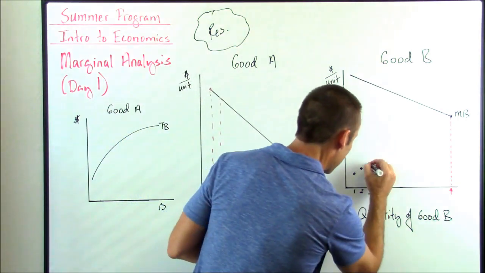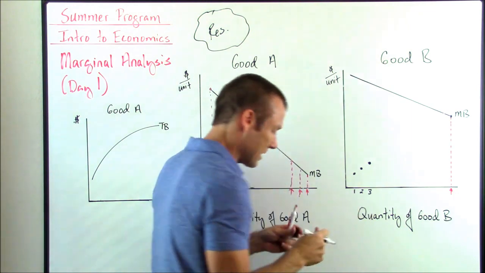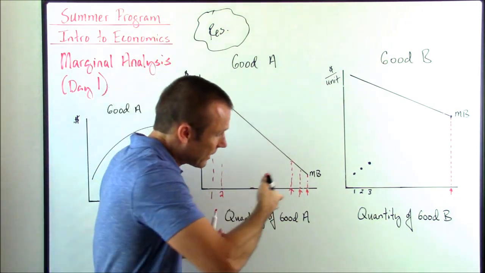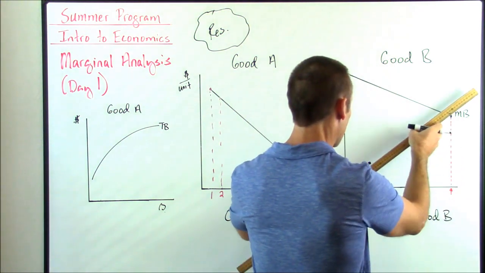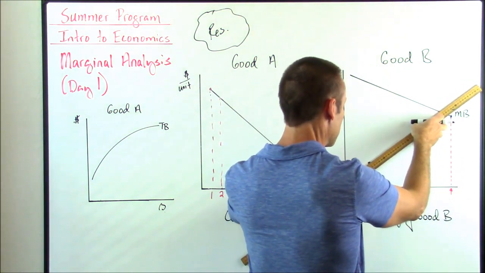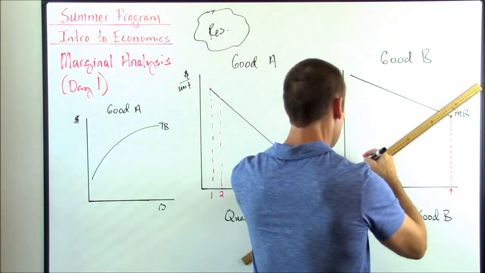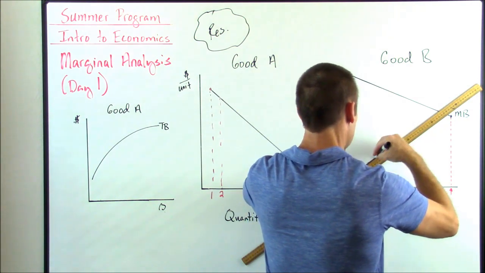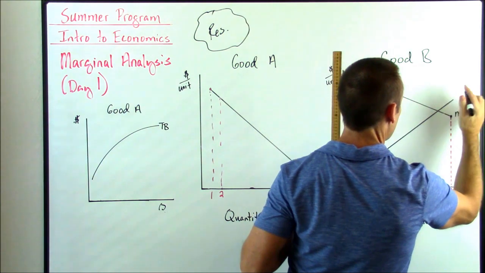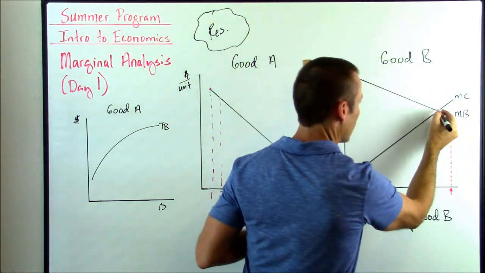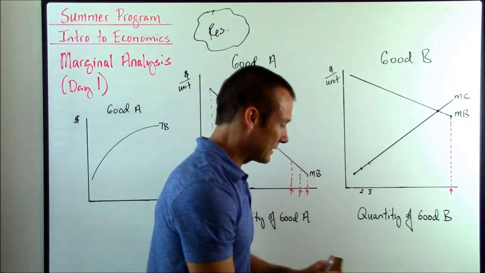So I'm going to go ahead and put my dot right there, and now I am able to go ahead and draw in the marginal cost curve for good B. See if I can get that in here really quickly. So marginal cost curve of good B. Not the best ever, but there we go. I'm going to put a little knot. We'll get back to that.